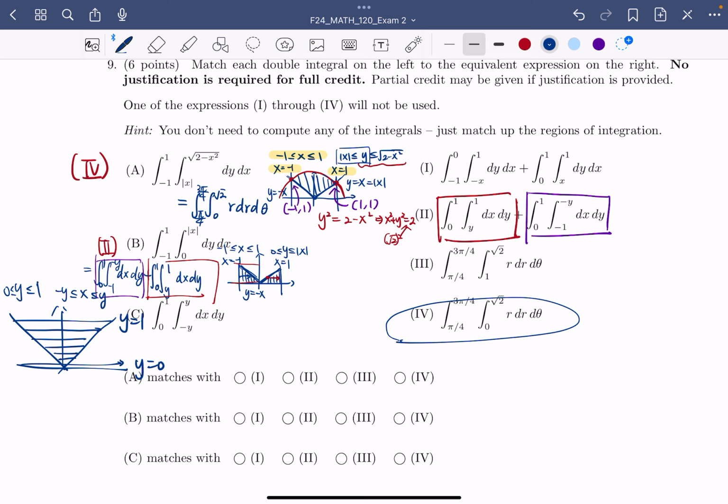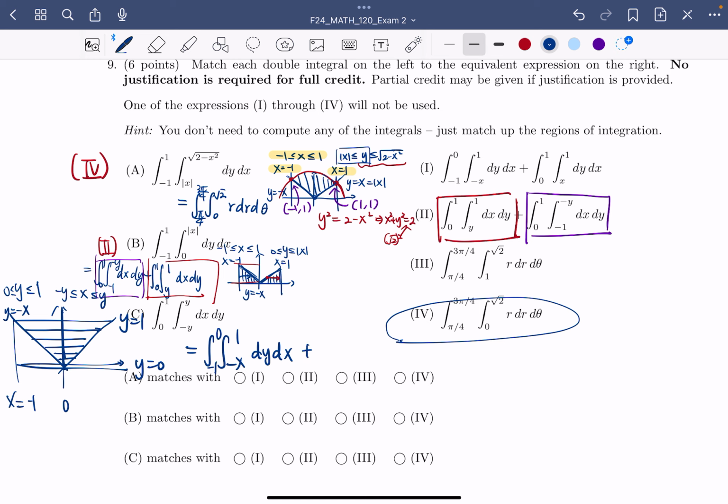So by changing the order dy dx, y goes from, let's first look at the left side of this. y goes from y equals minus x to y equals 1, minus x to 1, and this is the left part, so x goes from minus 1 to 0.